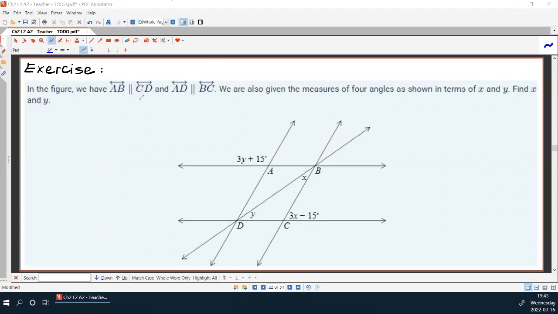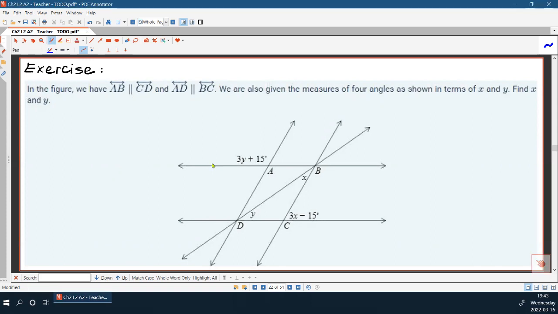In this figure, we have line AB parallel to line CD. So this line is parallel to this line, right? And line AD is parallel to line BC. This line is parallel to this line. We're also given the measures of four angles as shown, in terms of x and y. Then find the values of x and y.